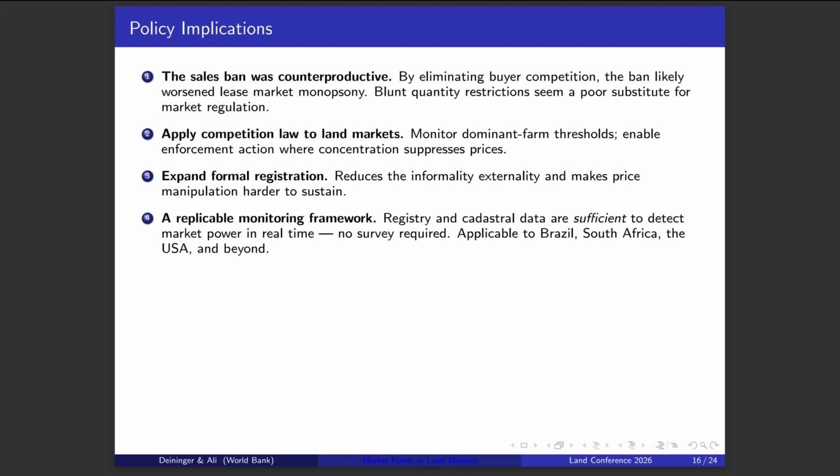In terms of policy implications, the first one is that the sales ban was counterproductive. By eliminating buyer competition, the ban likely wasn't a lease market monopsony. So blunt quantity restrictions seem a poor substitute for market regulation.